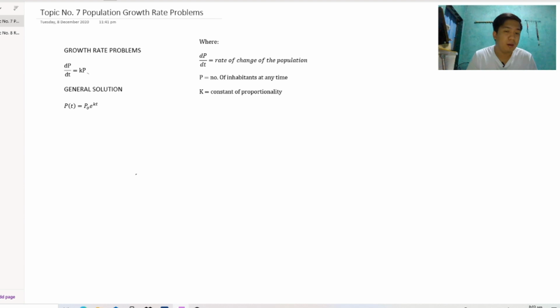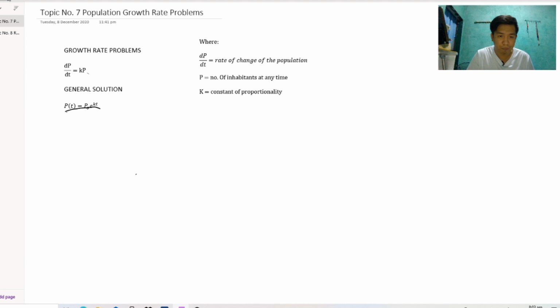From the module that I gave you, there is the solution for how we can get this P(t). This P(t) equals P0 times e raised to kt. So we can use this when we solve an equation.